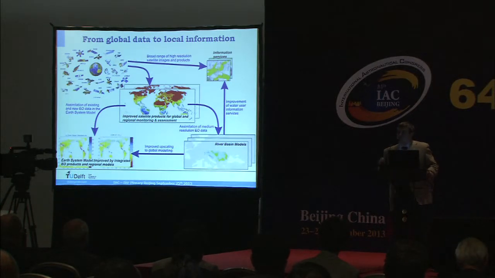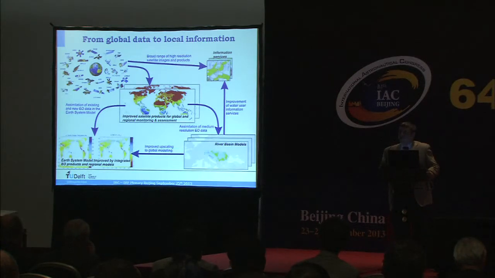That is where the actual decisions on water use, water allocation, and water management are taken, and that's what determines water availability at the local scales, where the other high-resolution data about water use are being provided in an increasingly effective and timely way.